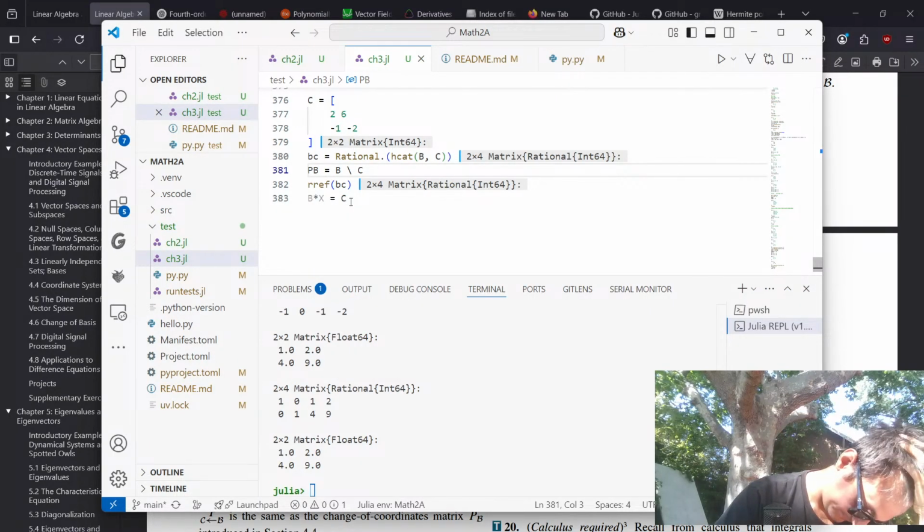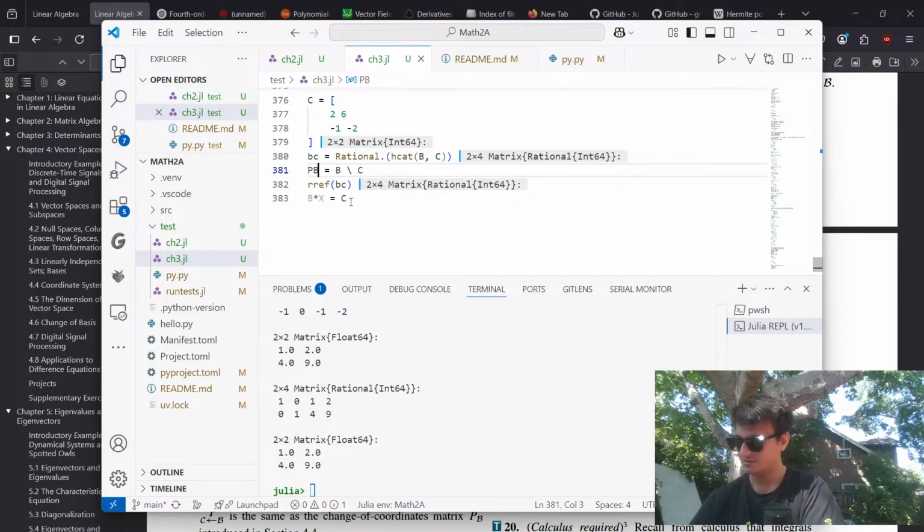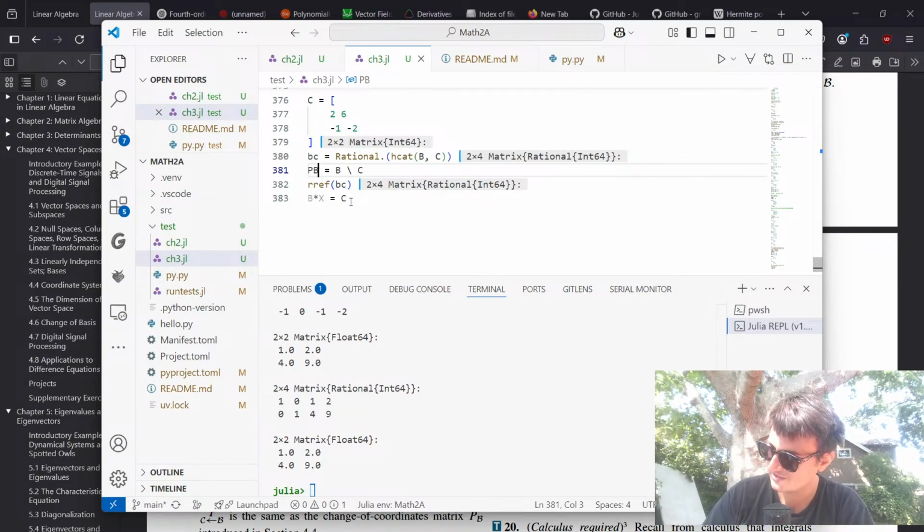Hold on. I got to think about this. B times X is equal to C. So you're going to be writing C1 in terms of B and C2 in terms of B.